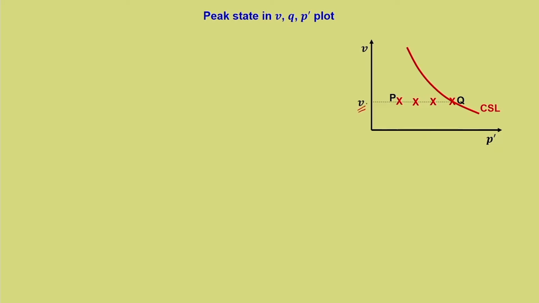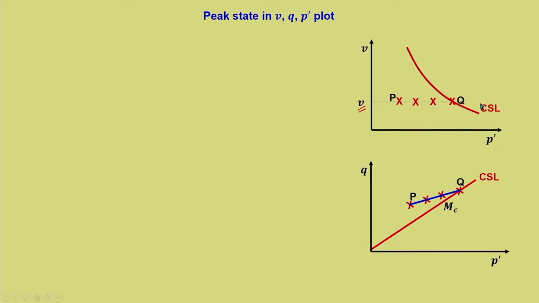We have a reference V for which 4 tests have been conducted, PQ, and the same has been shown on the Q-P dash plot, where MC is the slope and GP is the intercept on Q axis. P dash C corresponds to critical state.